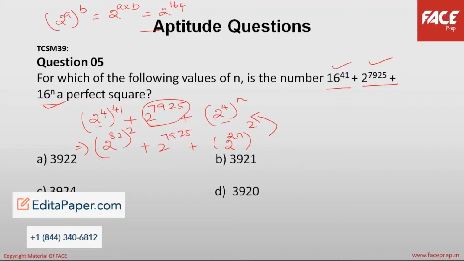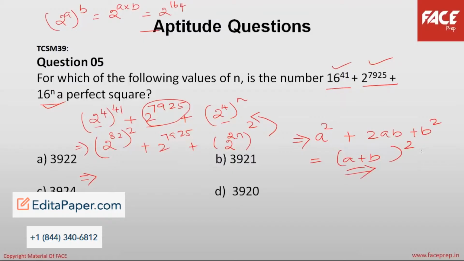Correct? Now, can you guys understand what I'm trying to analyze from this particular question? I am trying to write this number in the format of a square plus 2ab plus b square, because if I write this, the final value would be a plus b the whole square, which means this is definitely going to be a perfect square.